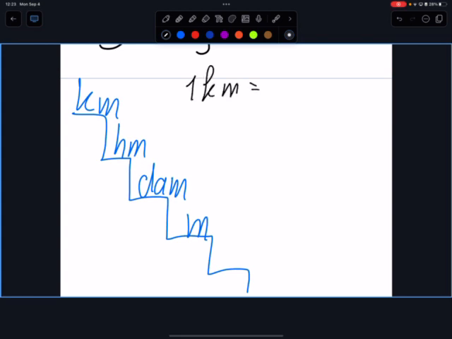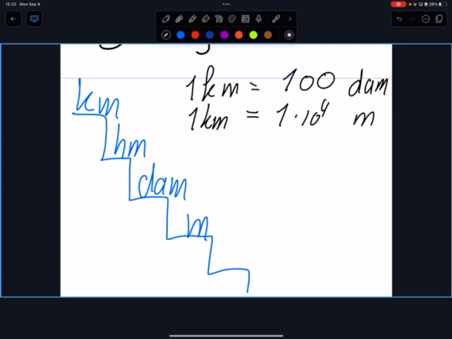And then you made some exercises. 1 kilometer is exactly the same as 100 decameter. 1 kilometer is exactly the same as 1 multiplied by 10 to the power of 3. Only when we were in form 1 and 2, you start writing 1, 0, 0, 0. We're not in form 1 or 2 anymore. We're in form 3.